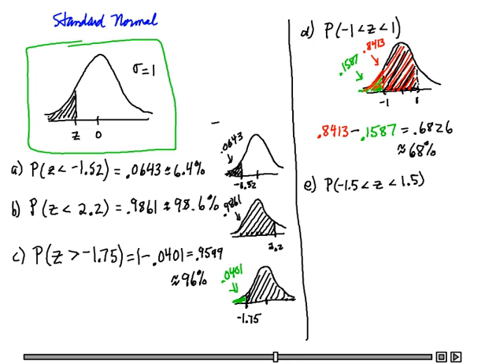I would have to look up the accumulated area up to 1.5, and in the table that would be 0.9332, and subtract the accumulated area up to -1.5, which would be 0.0668. 0.9332 minus 0.0668, I would get 0.8664, or approximately 86.7% of the data values in a normally distributed data set will be within 1.5 standard deviations of the mean.